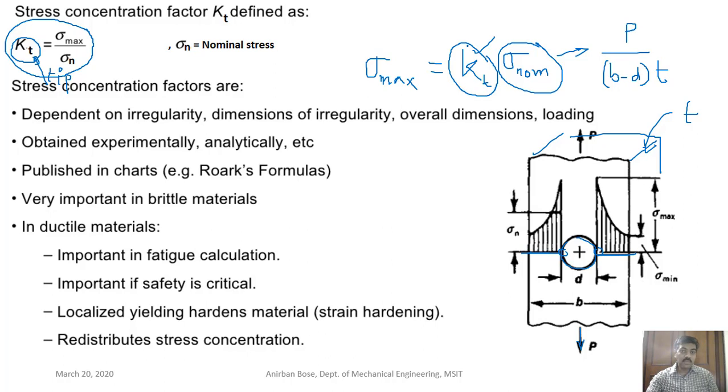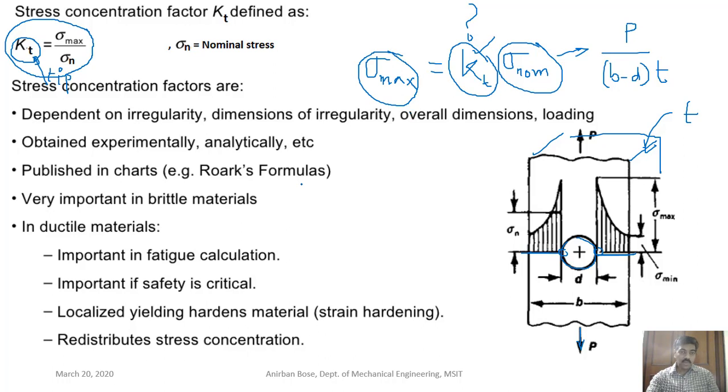The question is where you will get this Kt, the stress concentration factor. For that there are tables, and from those tables we will find the values of Kt. If you know the values of Kt, it is very easy to find the maximum stress.